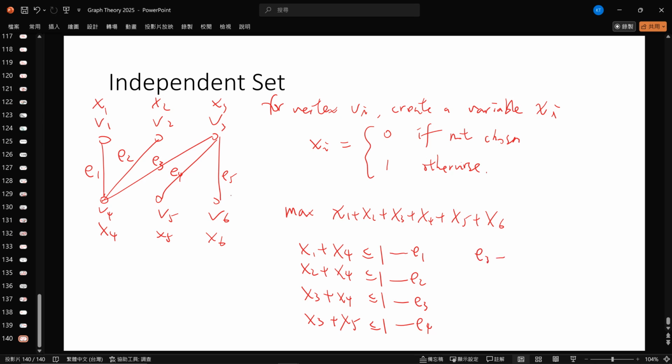And finally, x3 plus x6 is at most 1. And that's it. So this is the corresponding mixed integer linear program for independent set for this instance. We have 5 constraints, each for an edge. The physical meaning is that for these 2 endpoints, we can choose at most one of them.